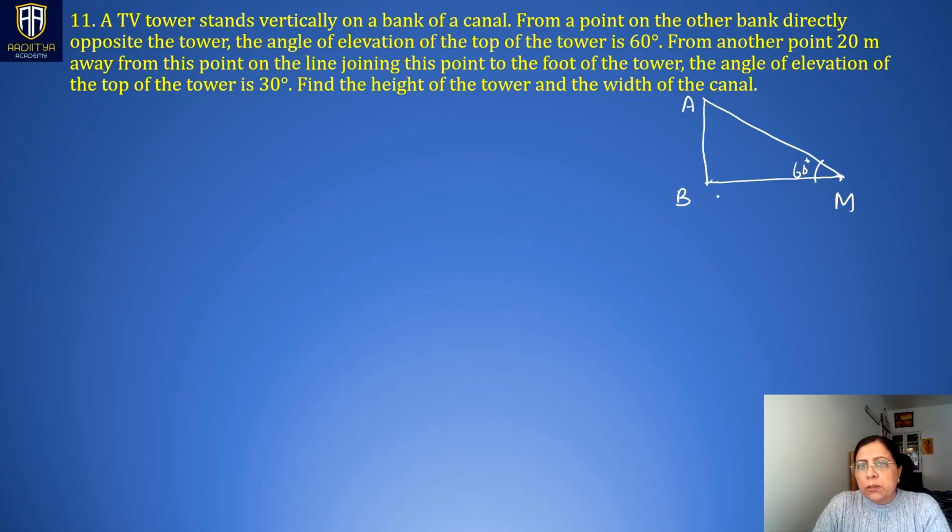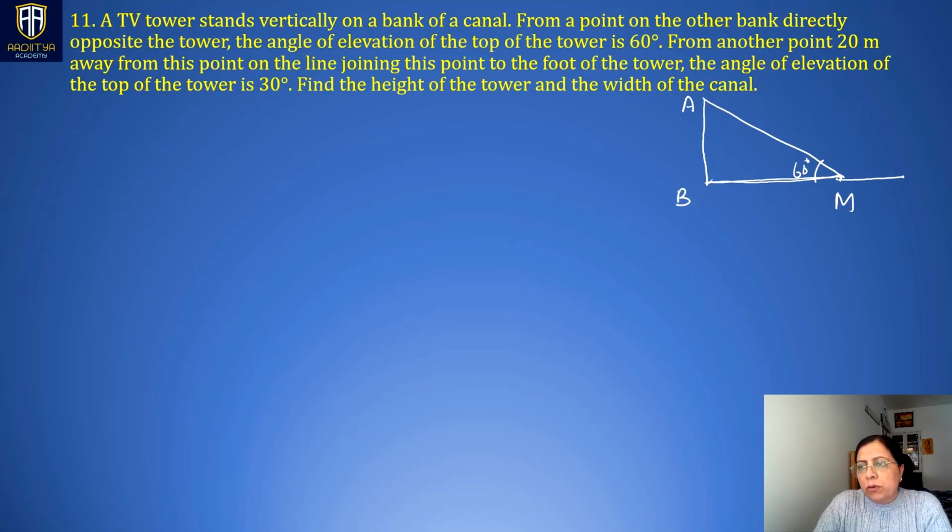From another point 20 meters away from this point on the line joining the point to the foot of the tower. Now we have to consider one more point, which is 20 meters away from this point. Away means since we cannot have another point in this width BM. This is canal, right?